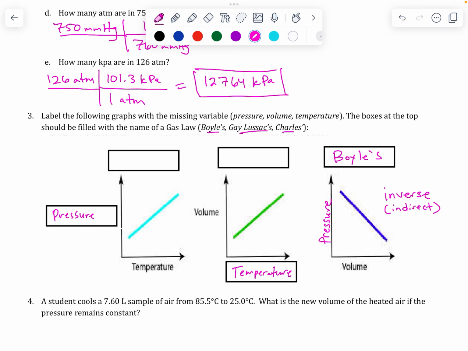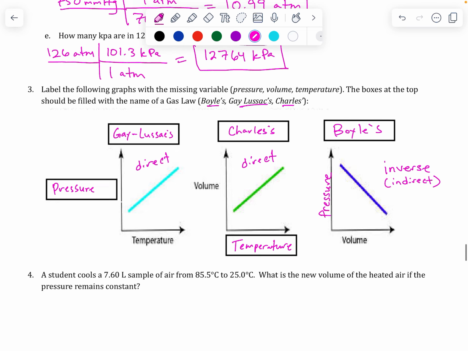And of course, plugging those in, this was Gay-Lussac, and Charles, proper name. You don't just put the parenthesis or the apostrophe. But this was a direct relationship, and this was also a direct relationship there. And we are good to go.